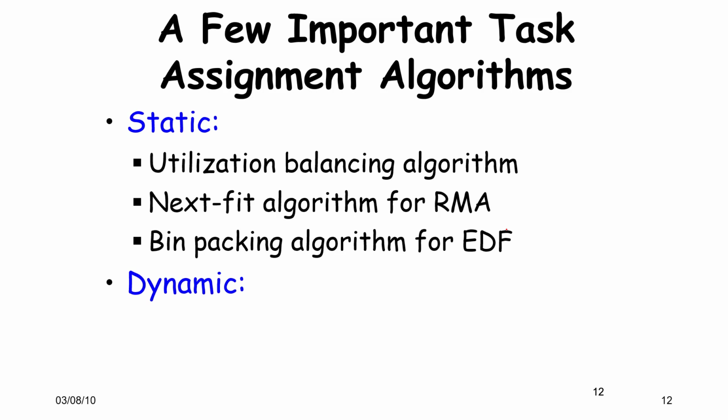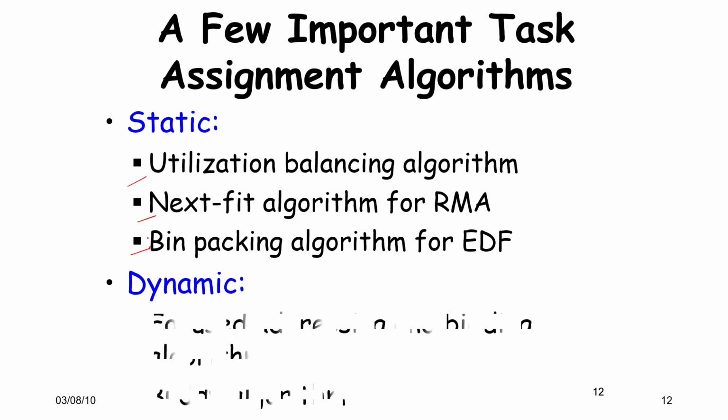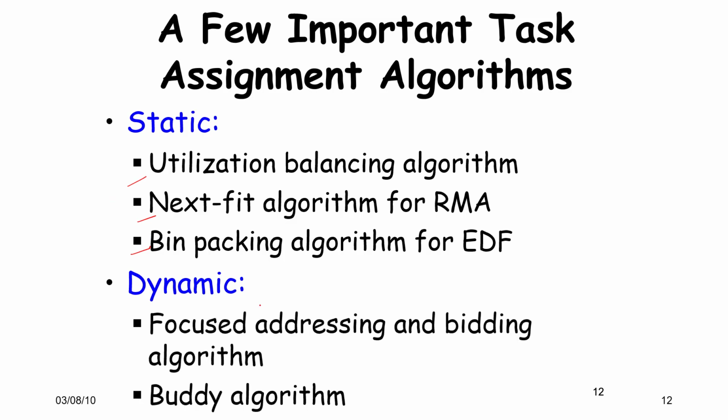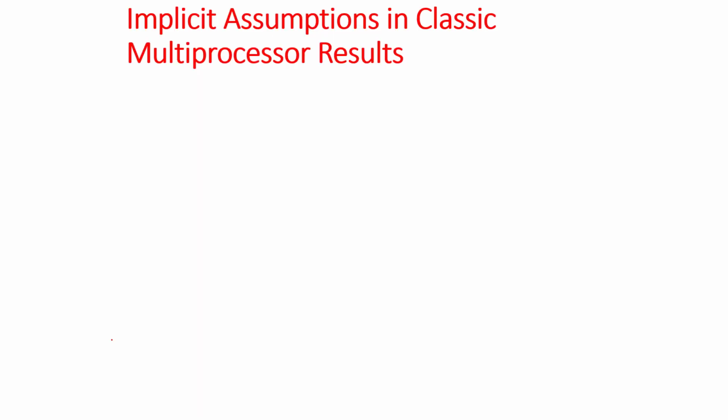Even in partition scheduling, a priori we will have to send tasks to different processors. So we will discuss the following algorithms: utilization balancing, next fit, and bin packing. And we will discuss two dynamic algorithms, which are focused addressing and bidding, and the buddy algorithm.